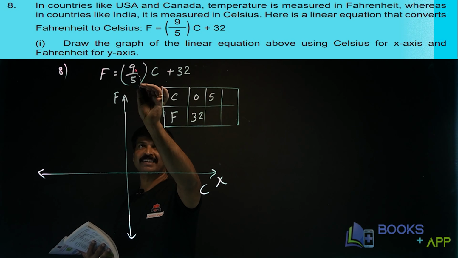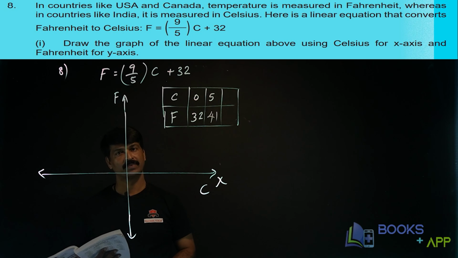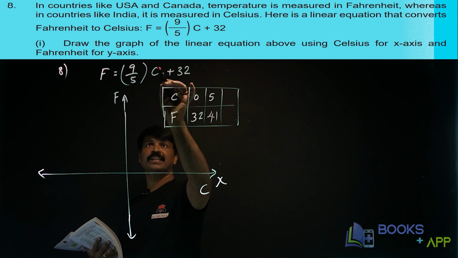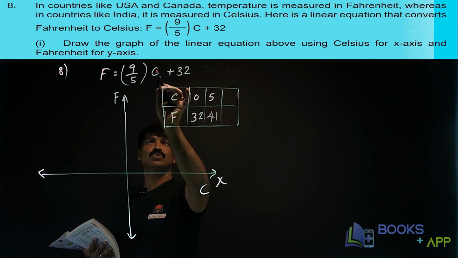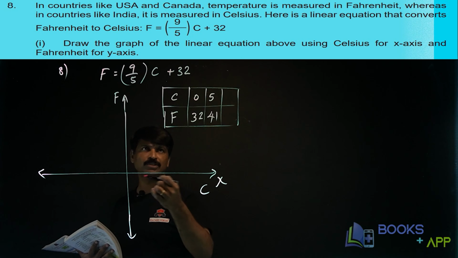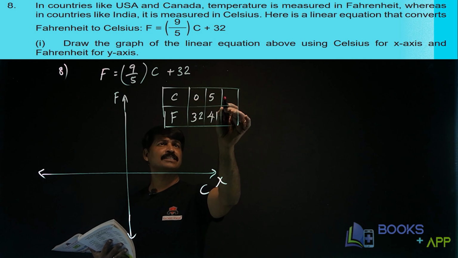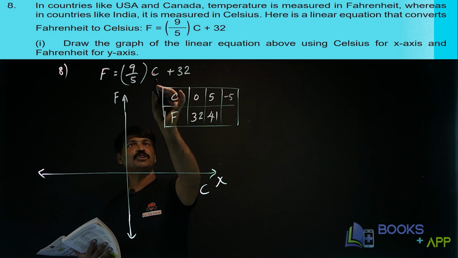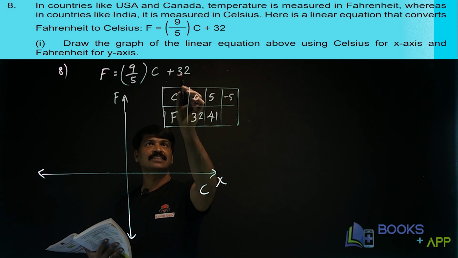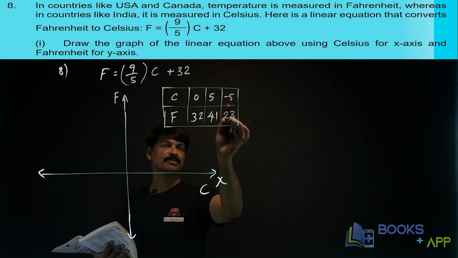So, what is remaining here? 9. 9 plus 32, that is 41. Now, you can substitute 10, then 9 2s are 18, 18 plus 32, 50. Or you can substitute minus 5. If you substitute minus 5, the 5s get cancelled, 32 minus 9 is 23.